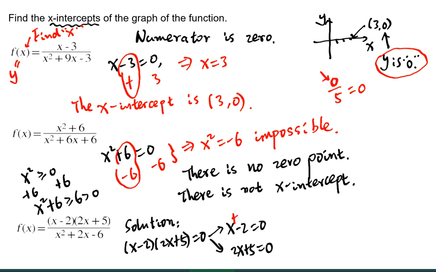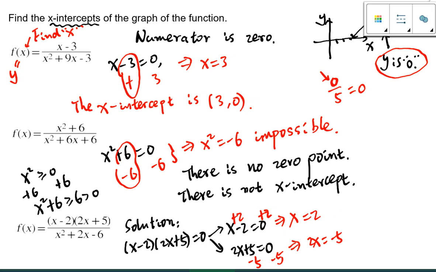You add 2 on both sides, and what do you get? Here you get x is 2. Minus 5 on both sides. You get 2x is negative 5.